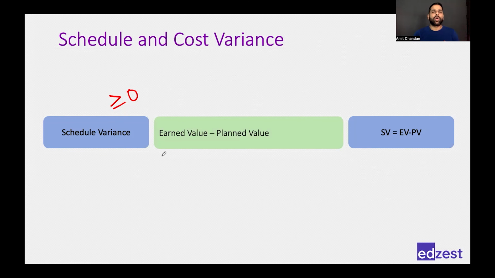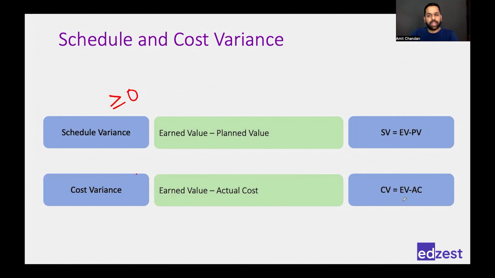Same is with my cost variance as well. Cost variance is earned value minus actual cost. We have seen that. Okay, in our chart, earned value was at last, planned value was middle, and actual cost was above. So if my earned value is less than the actual cost, which means EV minus AC would be less than 0, which means I'm earning less and I'm spending more, which means my cost variance is bad.